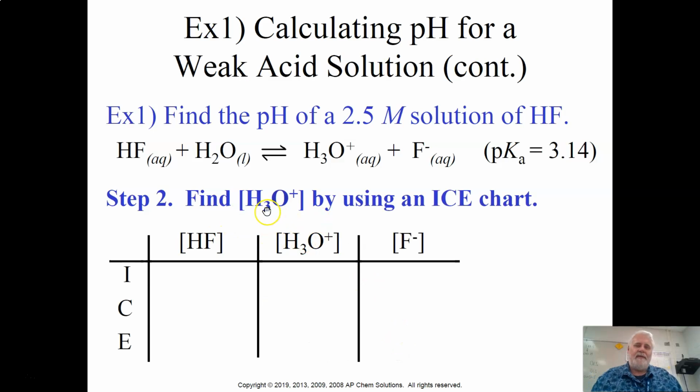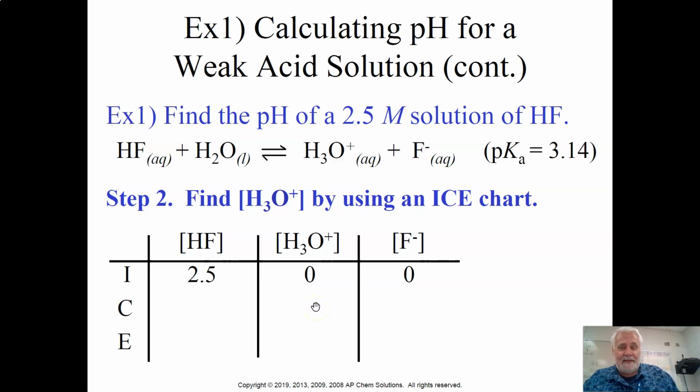And now we have to find the H3O+ by using the ICE box. Okay, so remember, initial, change, which also stands for coefficients, which in this case are all 1 to 1 to 1, and then your equilibrium concentration. So we do know that it was 2.5, and if this was a strong acid, this would be 2.5, and that would be 2.5, and it would be done.